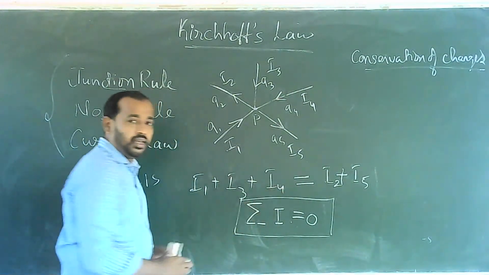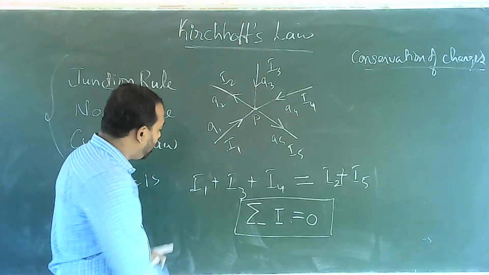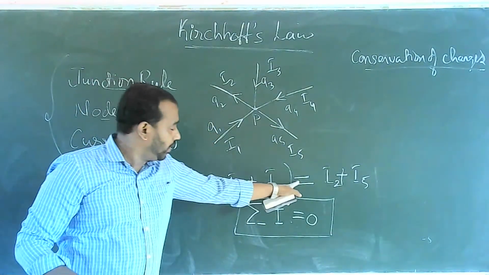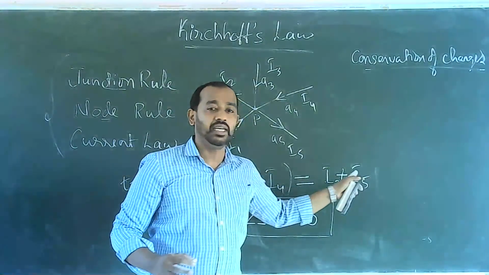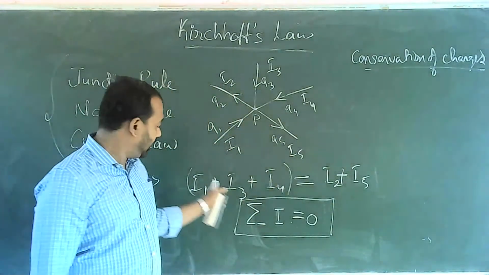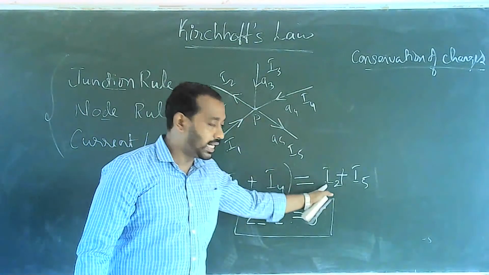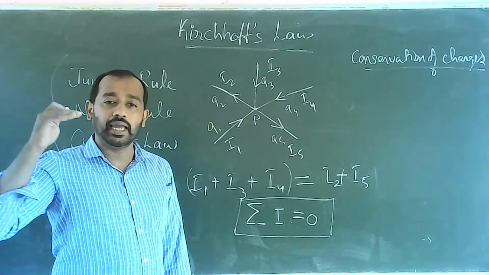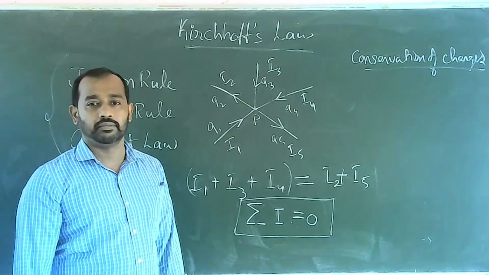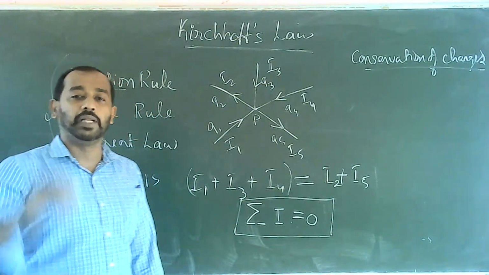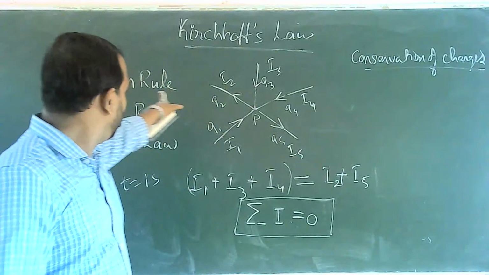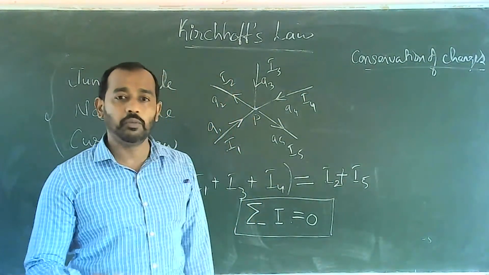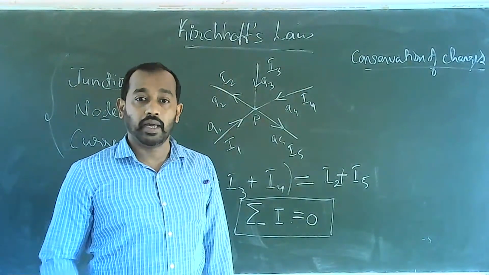Otherwise, like this: at a junction, the total current entering the junction should be equal to the total current leaving the junction. Or the algebraic sum of current at a junction should be equal to 0. And what is the principle behind, or significance of, the current rule? That is conservation of charges. I hope you have understood this.